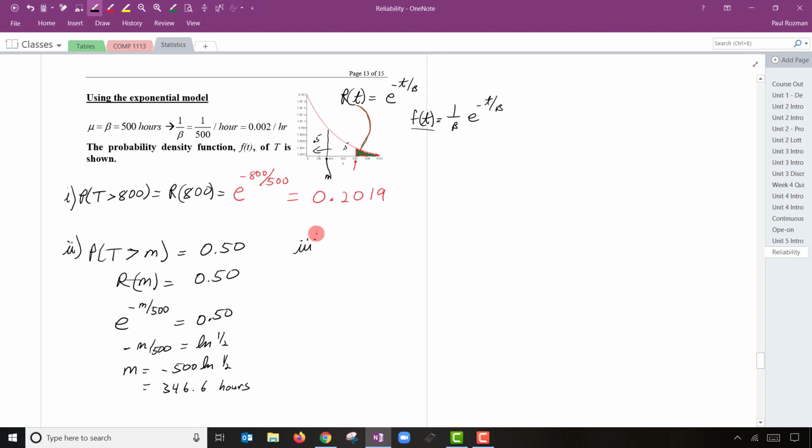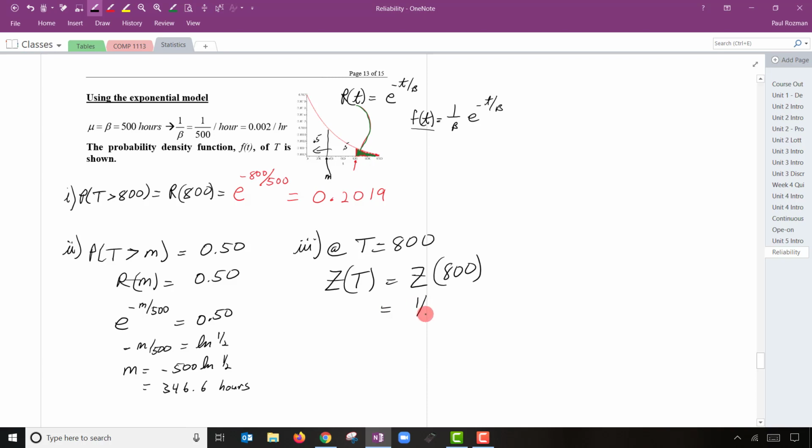And then the third question we were going to answer is, at what rate is this thing failing when T equals 800 hours? So at T equals 800, how fast are these things failing? So we want Z of 800. But for the exponential function, they have a constant failure rate.